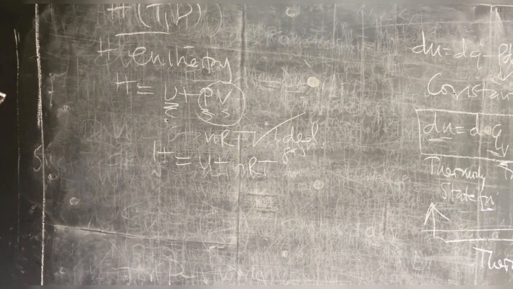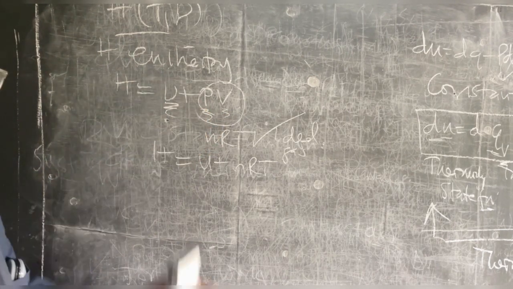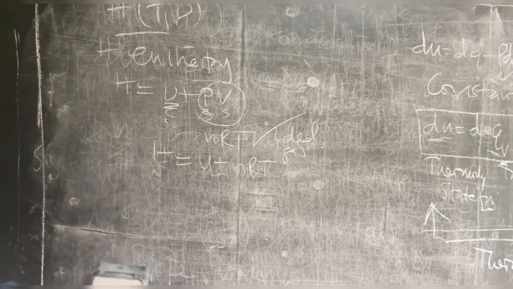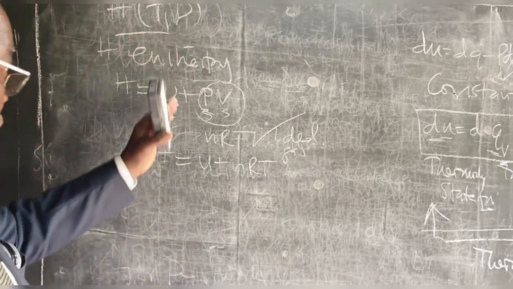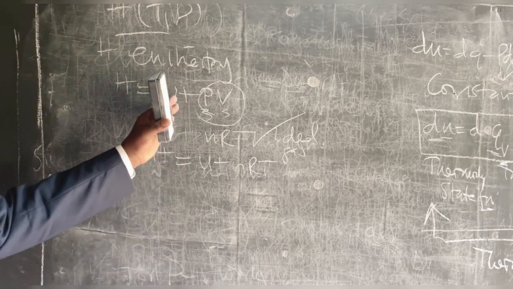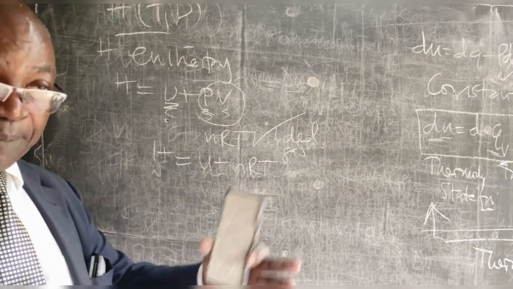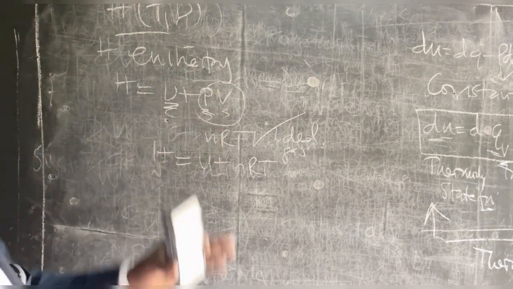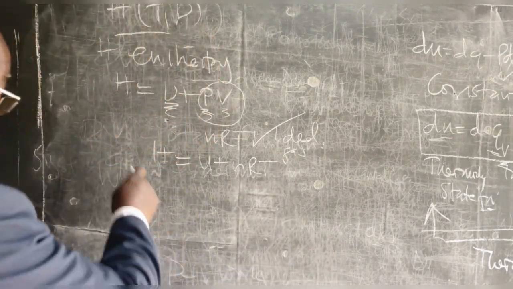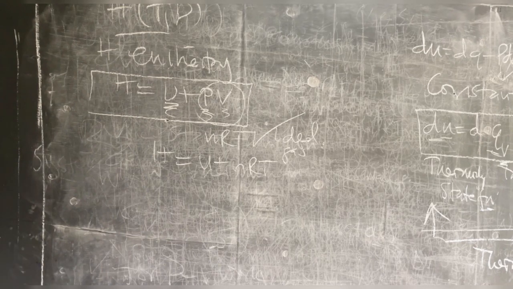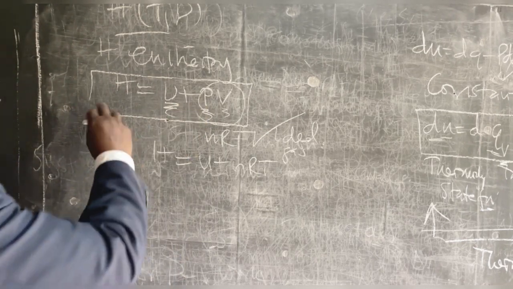So, if we allow this quantity to change, let us say the enthalpy changes by some infinitesimal amount dH, U changes by some infinitesimal amount dU, P by dP, and V by dV. That can be gotten simply by using the product rule.